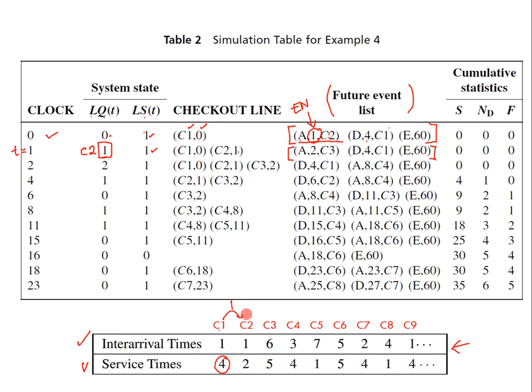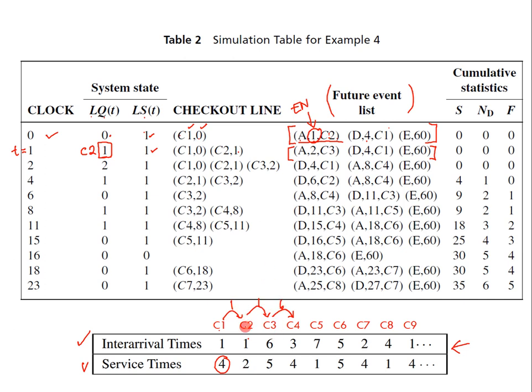Between 2 and 3 it's still 1 minute. For customer 3, the inter-arrival time is 6, meaning between customer 3 and customer 4 the inter-arrival time is 6 minutes.